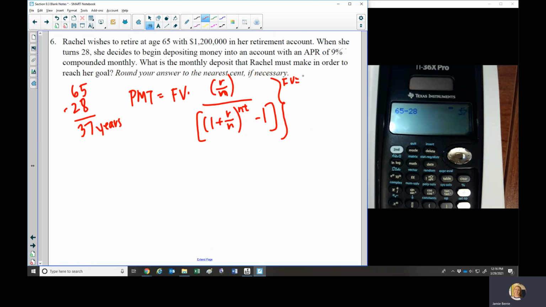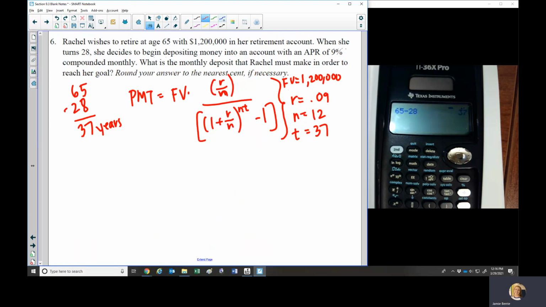She wants to save $1,200,000. Or that's how much she wants to have in the account when she retires. Her interest rate is 9%. That's a pretty big interest rate. N is the number of compounding periods a year. She's compounding monthly here. And we said she was going to save for 37 years.